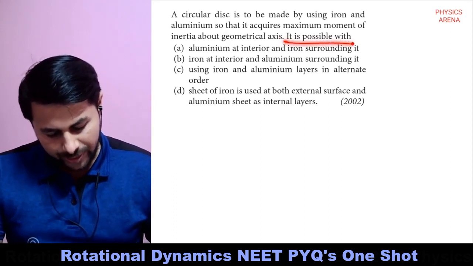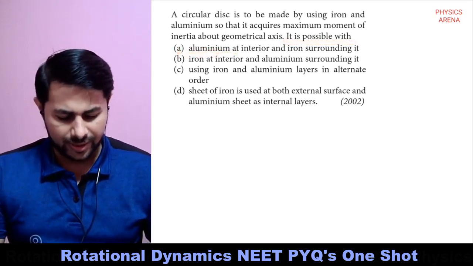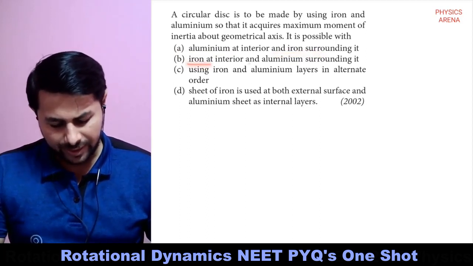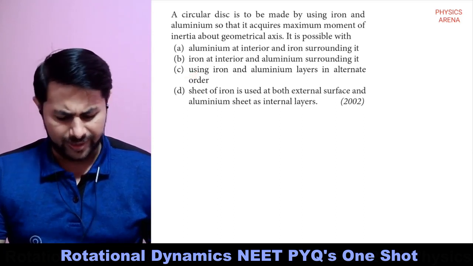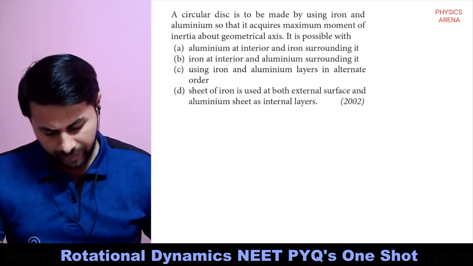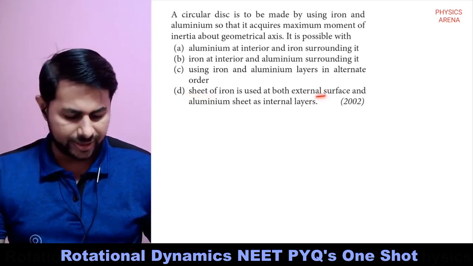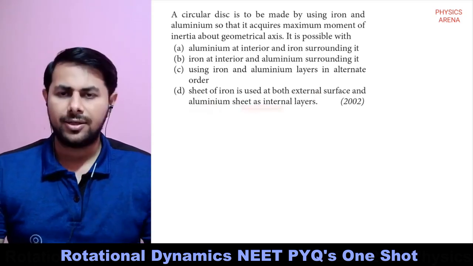Okay, it is possible with option A, aluminium at interior and iron surrounding it; B, iron at the interior and aluminium surrounding it; C, using iron and aluminium layers in alternate order; D, sheet of iron is used at both external surface and aluminium sheet at internal layers.